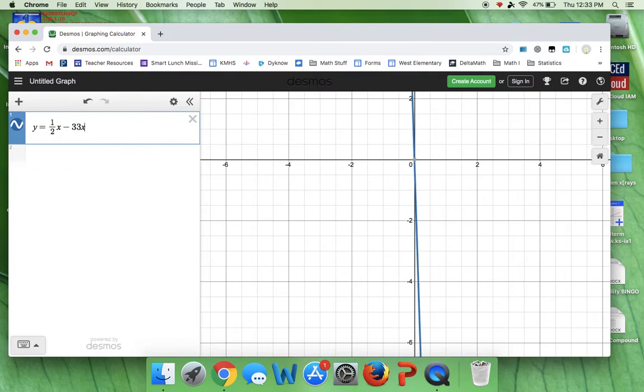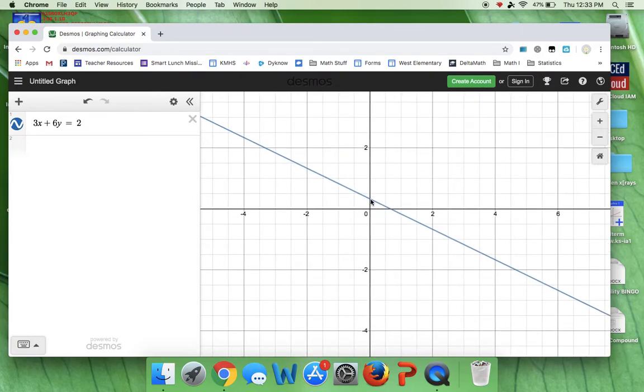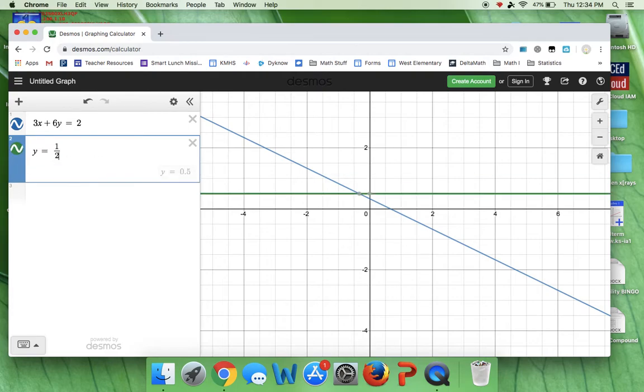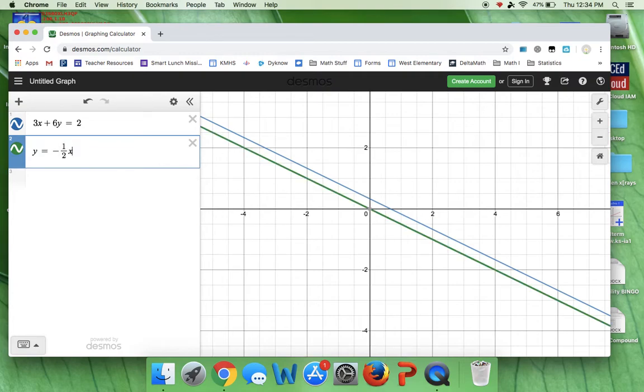I'm curious to know, let me delete all this. If I do 3x plus 6y equals 2, it will graph that for you, so you don't even have to solve for y. This is crazy. And then my second equation, I can do y equals negative 1/2 x plus 3.